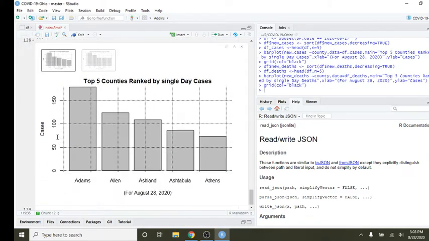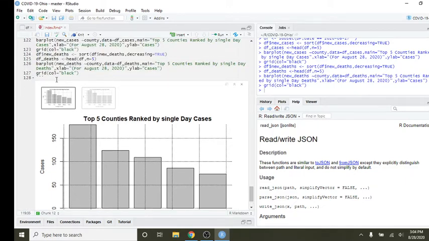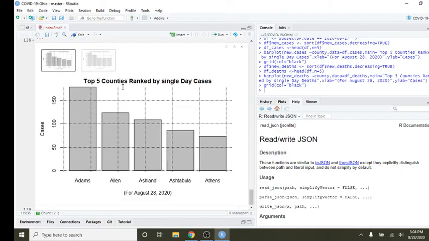Cases. That's interesting. You're telling me Allen has more cases than Franklin?